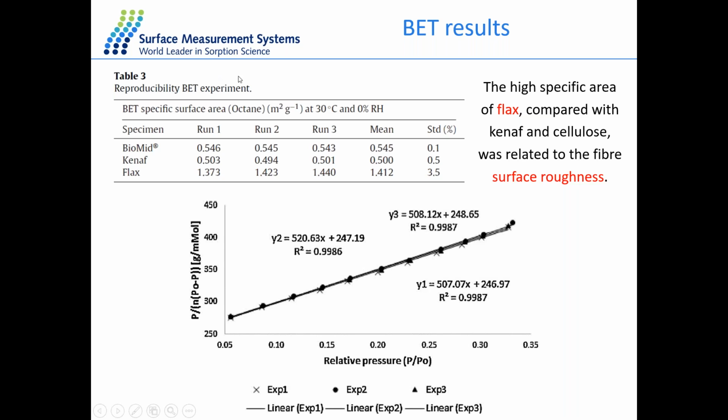The surface area for the first 2 samples, the biomeat sample and KNAF sample, is about 0.5 square meter per gram, while for the flex fiber, the surface area is almost 3 times as large as the other 2 samples, about 1.4 square meter per gram.